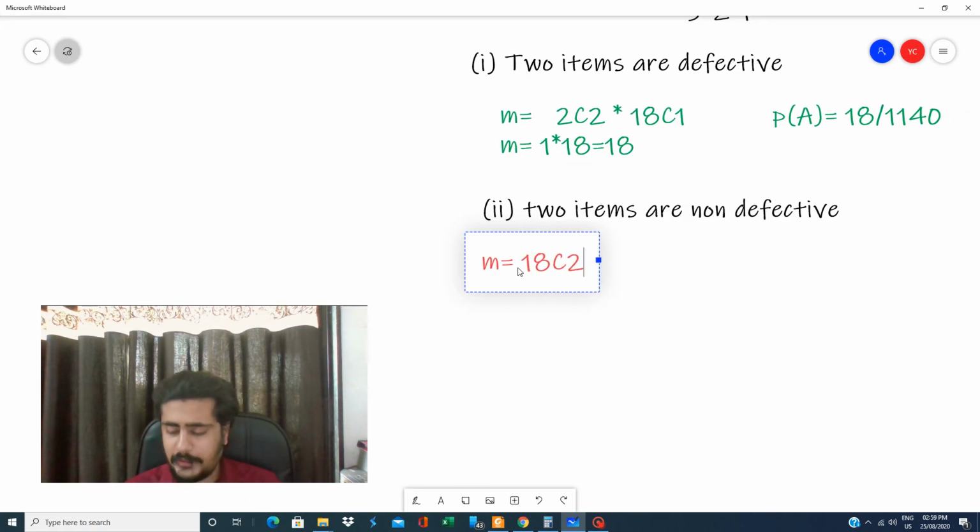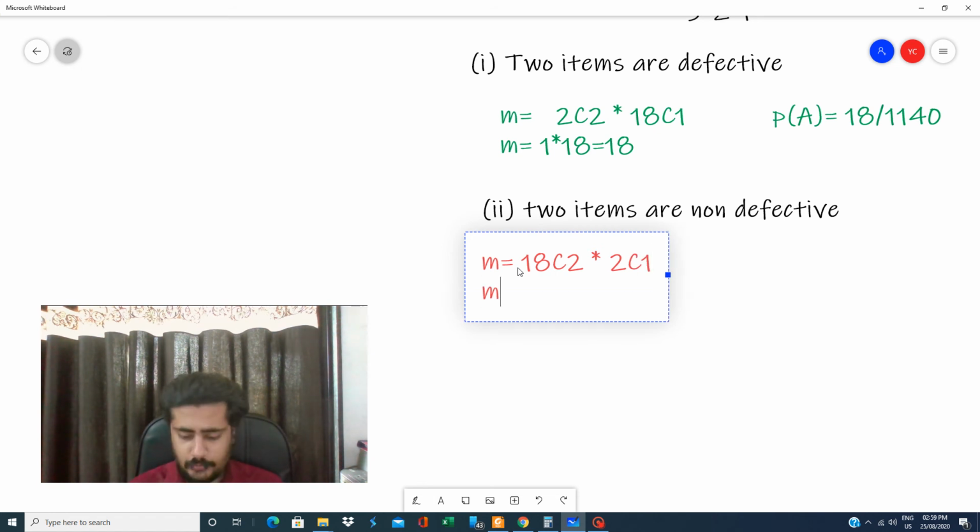If you want to select two from non-defective, you have to select two from 18. So it's 18C2. And one item is defective. As I told you, you have to select three items. If two are non-defective, then one should be defective. So defective will come from 2C1.